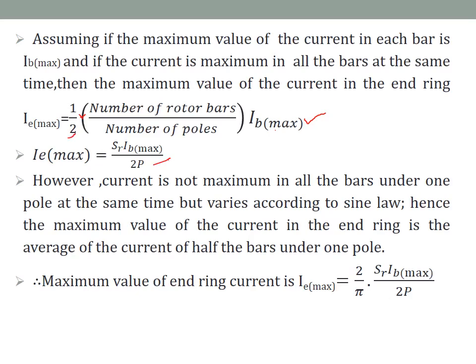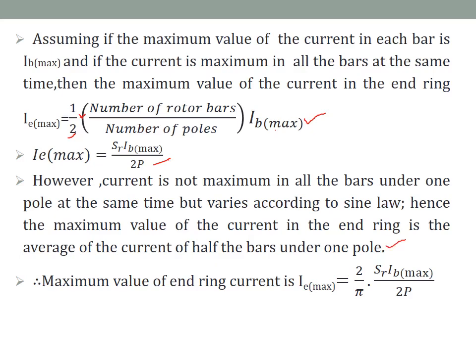However, the current is not maximum in all the bars under one pole at the same time, but varies according to sine law. Hence, the maximum value of the current in the end ring is the average current of the half of the bars under one pole.